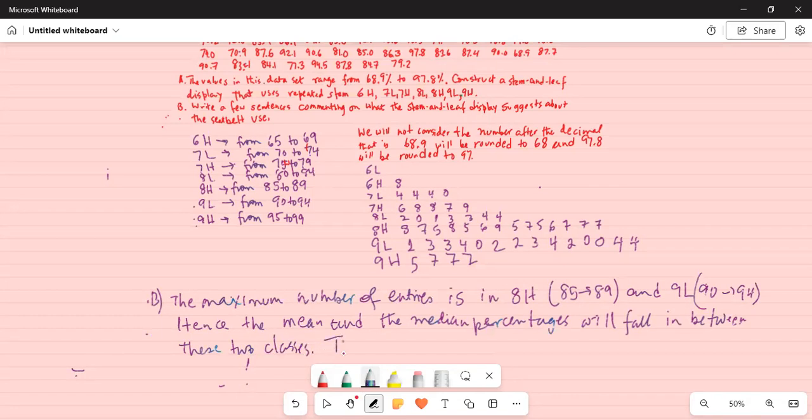This distribution is skewed to the right. Why? Because of the presence of high percentages of use.